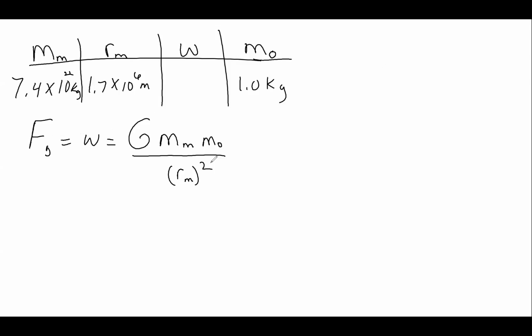If you're having problems finding the value of G, it is 6.67 times 10 to the minus 11 Newton meter squared over kilogram squared.